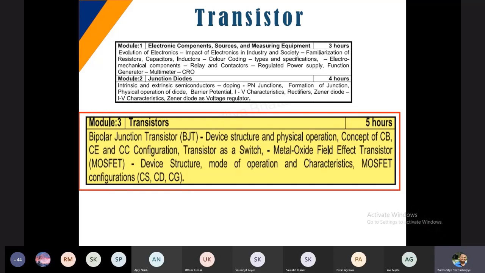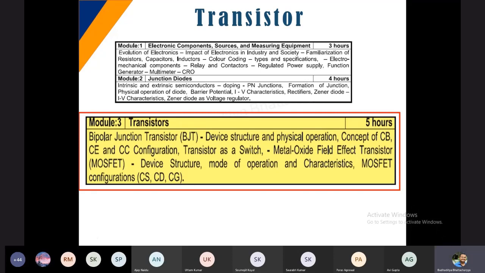Then we have in the syllabus the transistor as a switch or switching device. Then another family, the metal oxide semiconductor field effect transistor, or MOSFET. In fact, the field effect transistor, the FET itself, is a separate topic altogether, so that also I will touch upon.